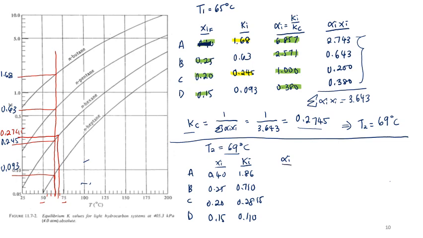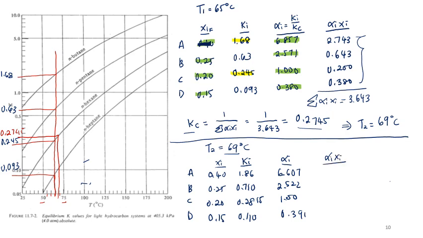So after you get the K values, you get the alpha. So alpha is Ki over Kc. So Ka over Kc, in this case, is 6.607. Here is 2.522. This is 1 plus Kc over Kc. And then here is 0.391. Then you repeat the same process.